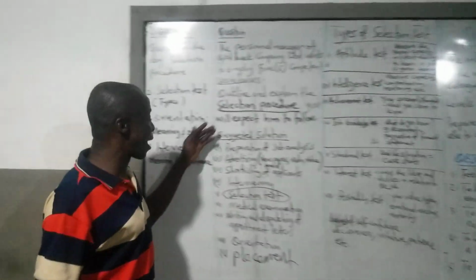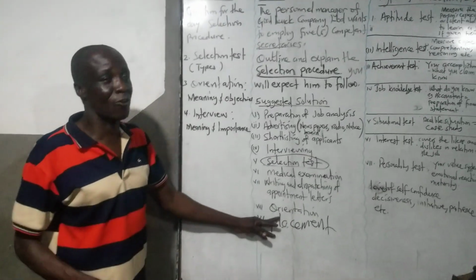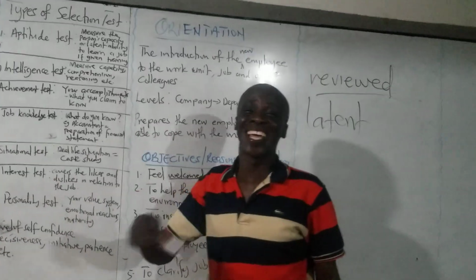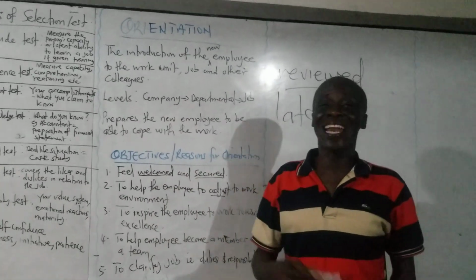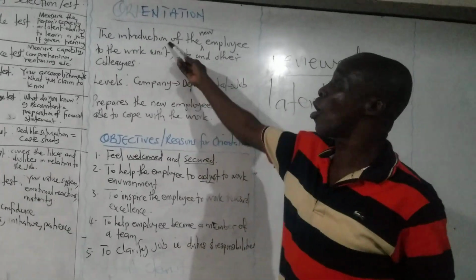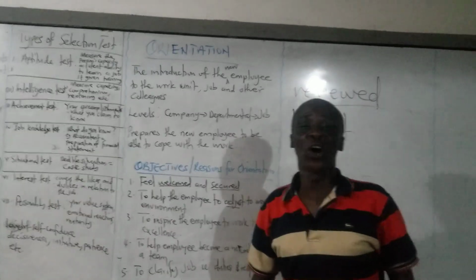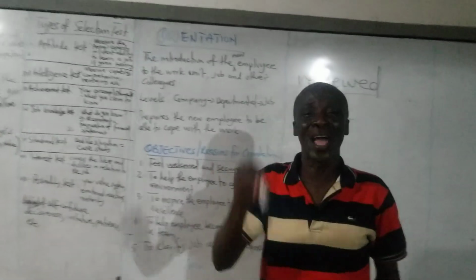Now, when we are talking about this one, we also look at orientation. What is orientation? I've already explained to you at the preliminary stage. So we know what this orientation is. And you know it is meant for new employees.